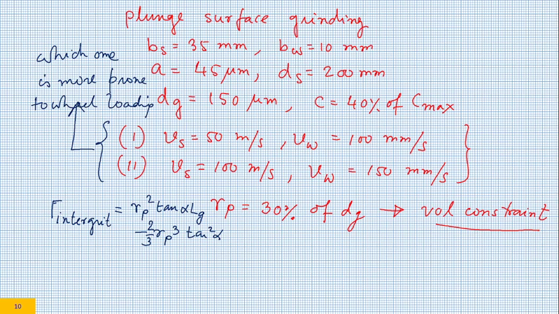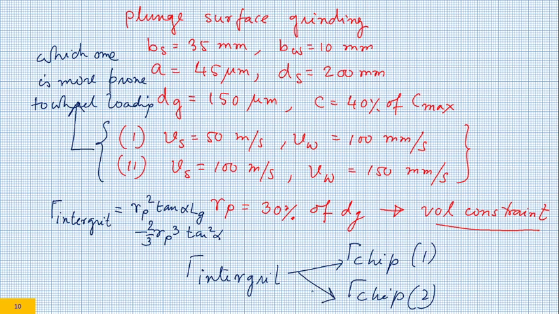No one is saying whether wheel loading will take place or not. You are simply asked to find out which one is more prone to wheel loading. So one approach could be, you will find out the intergrid space, you will find out gamma chip 1, you will find out gamma chip 2, and you will compare the calculated value of intergrid space with these two.